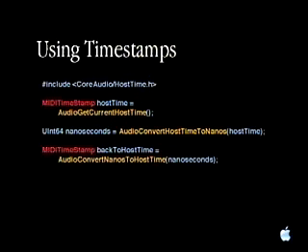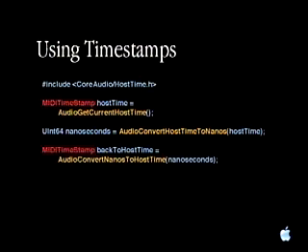And I will talk about that in a moment, but first we have to understand how the MIDI system expresses time. We have a type called a MIDI timestamp, which is simply an unsigned 64-bit integer.